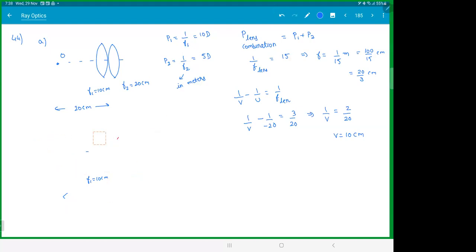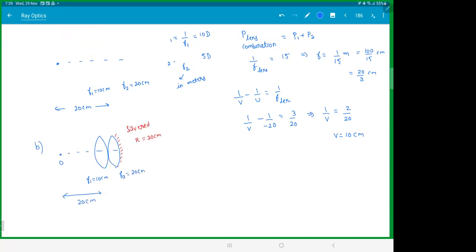What you did was, this whole setup you replaced with one lens of f combination 20 by 3. The question simply became there's an object at 20 centimeters and you're done. That's what we did. Any doubts on this first part? Please ask. Let's get to the second part.